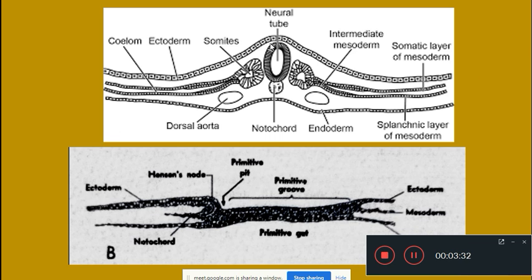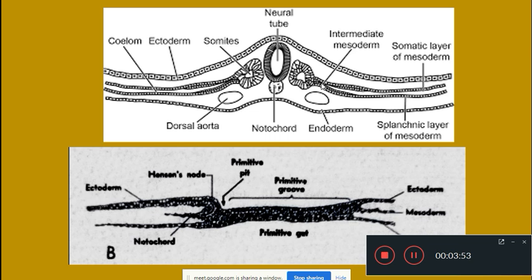The mesoderm, which has involuted inwards, now differentiates into three regions. This is the first region, this is the second region, and this is the third region. The first region is called the dorsal mesoderm or the somitic mesoderm.